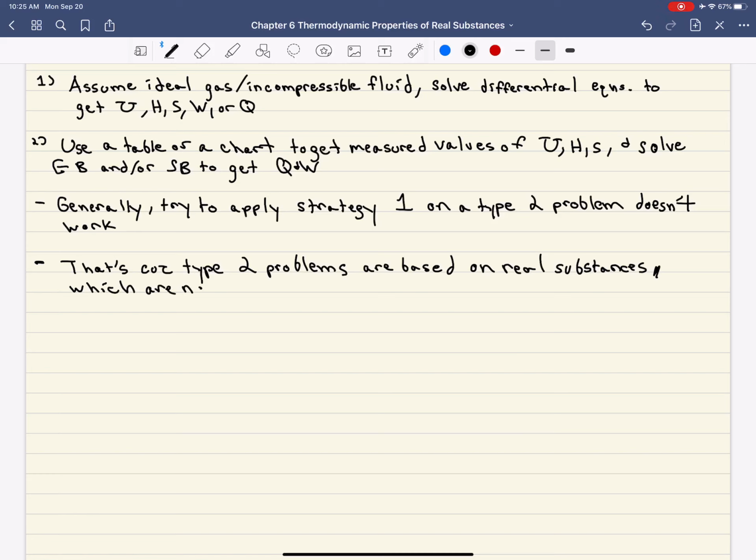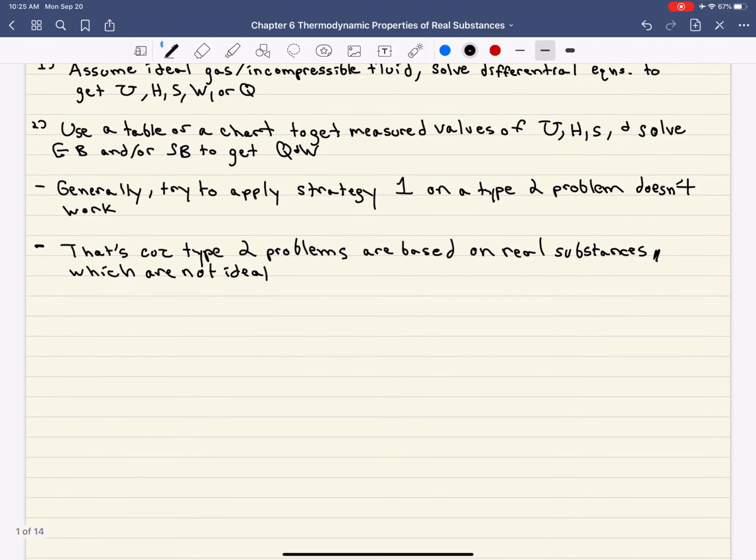Okay? And so in these real substances, if you remember, when we derived the ideal gas equation, the two main assumptions that we made were that the molecules don't interact with one another, and the molecules also don't take up space so that they could overlap one another. Okay? For real substances, that's clearly not true. The molecules can interact with one another, and they have some sort of finite volume.